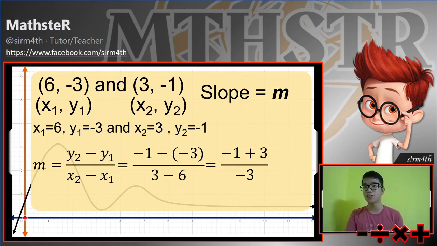That's why 3 minus 6 equals negative 3, and negative 1 plus 3, we have 2. Just copy the denominator, negative 3. Kung napapansin nyo dyan, yung negative natin ay nasa ilalim. Ngayon, pwede naman natin siyang gawing m is equal to negative 2 over 3. So, the slope between (6, -3) and (3, -1) is equal to negative 2 over 3.